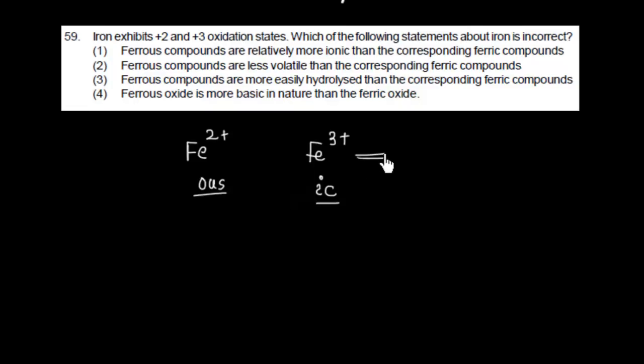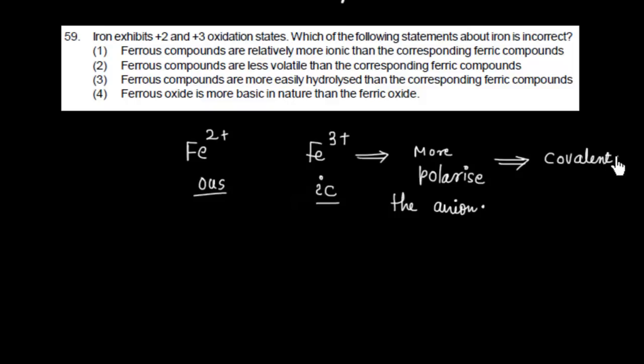So this means Fe3+ will polarize the anion more. If it polarizes the anion more, this means the compound will be covalent in nature. So option 1 is basically correct.